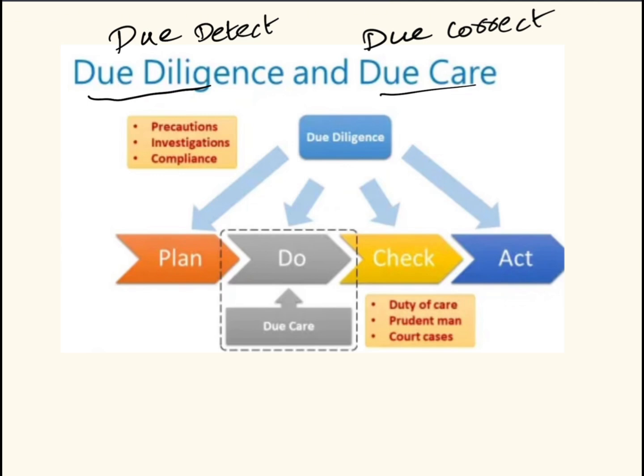And a real world example of how we can differentiate due diligence and due care. For instance, let's say you are going to choose a third party vendor. Before signing a contract with the vendor, your company conducts a background check. Let's say it is a cloud vendor.